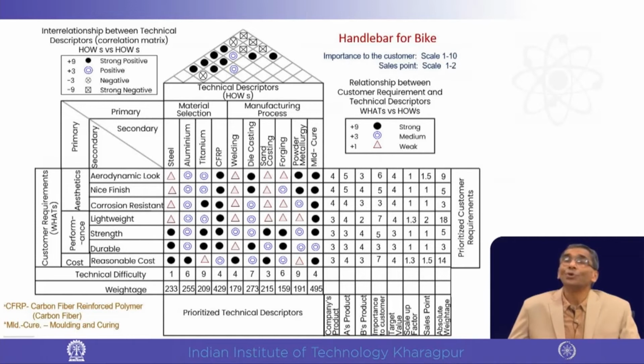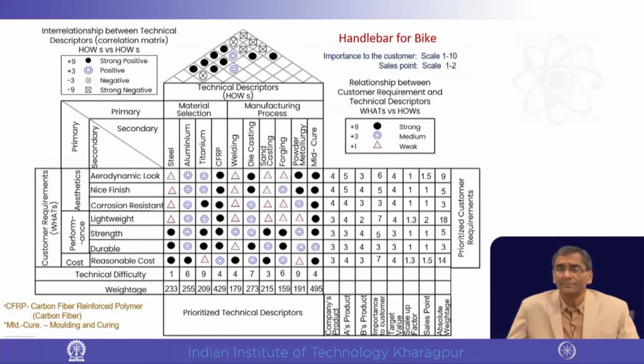So, those relationships are expressed as either strong or medium or weak. On the top right-hand corner, you will find the legend, where the symbols are placed: a solid dark circle in black, which is strong.